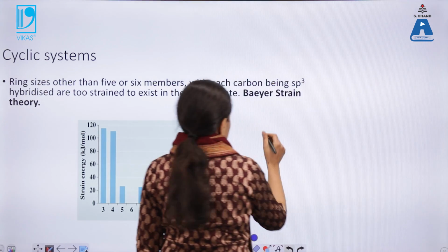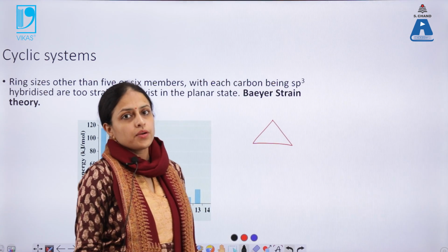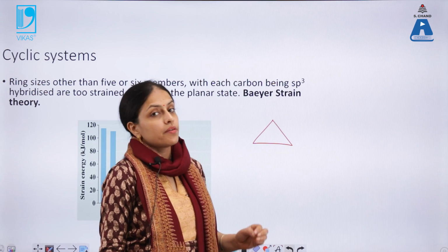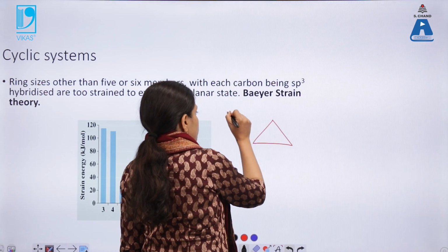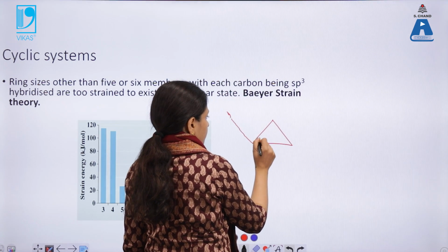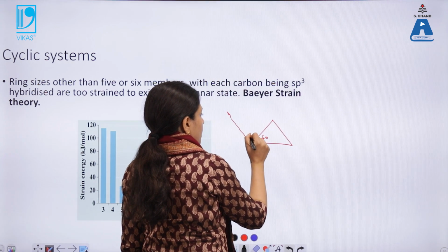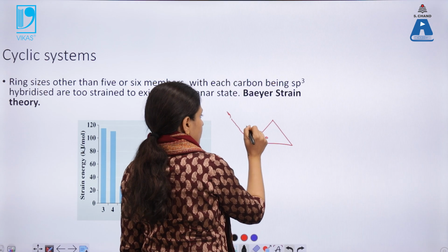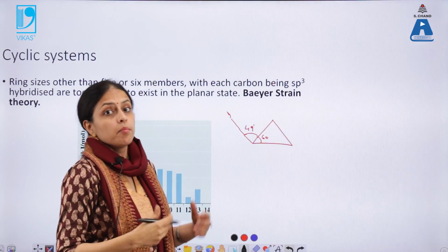Look at the molecule of cyclopropane. We know that carbon, whenever it is in the tetrahedral state, bears a bond angle of 109.5 degrees. But when it is in cyclopropane, you can see how strained it is. Here the bond angle is around 60 degrees and the additional angle of 49 degrees is still to be balanced out.